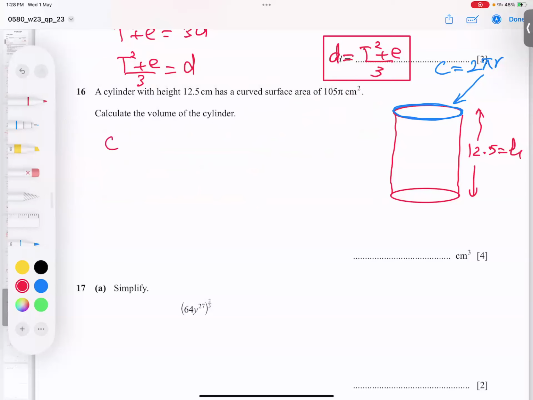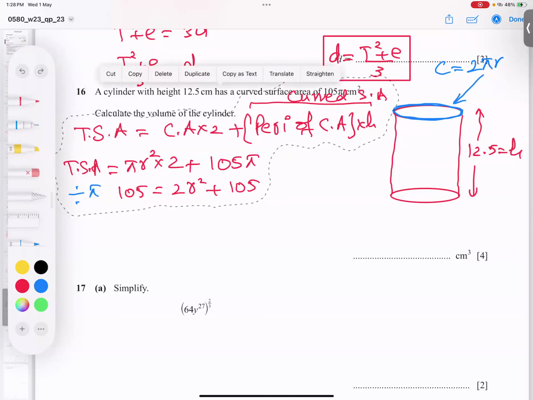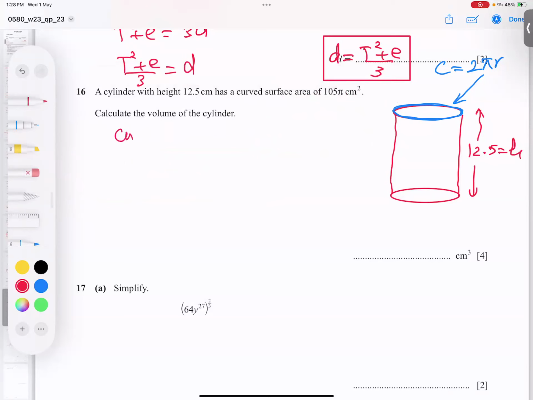So curved surface area, what? You remember, let's go back. This is called curved surface area: perimeter of cross area into h. And I'm using this. So make sure I'm using curved surface area, perimeter of cross area into h. So I'm writing here, curved surface area is 2 pi r, because perimeter of cross area, into h, so 2 pi r into h. 105 is coming here.